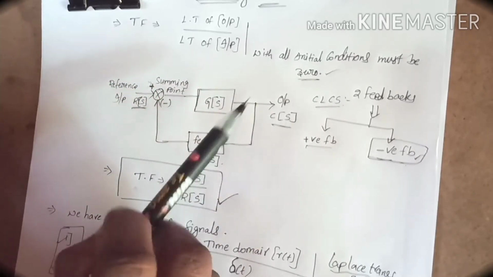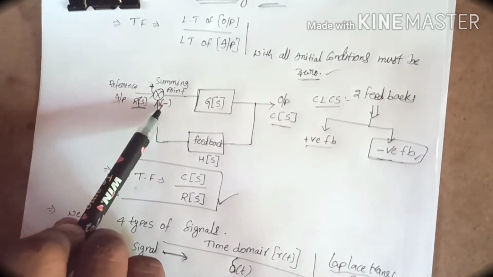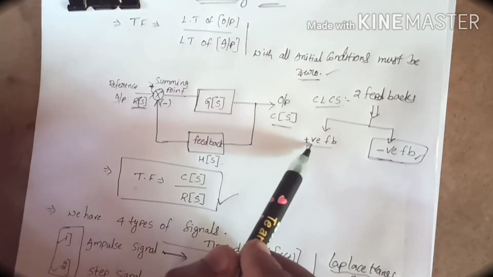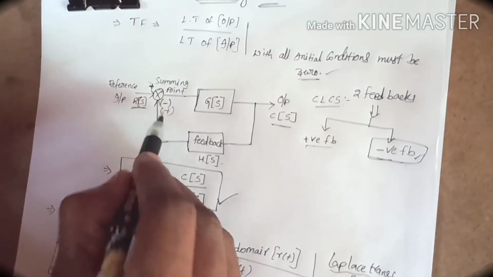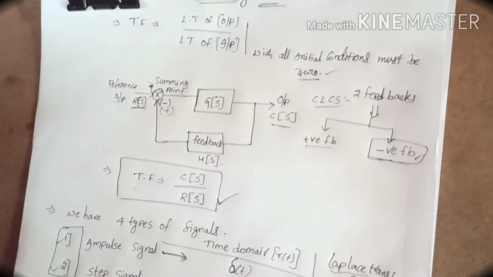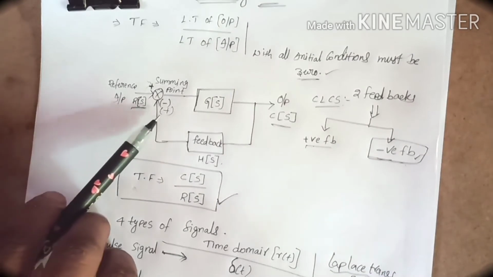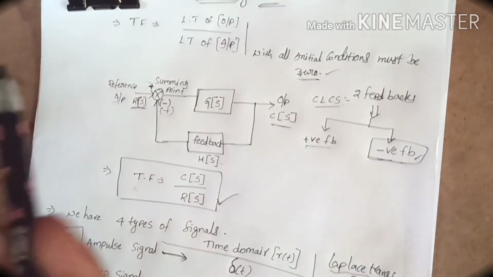This is the feedback. Here we are using negative feedback, that's why the sign here is negative. If we are using a positive feedback system, here we write positive. So we can easily identify by seeing the symbol whether it is positive or negative.